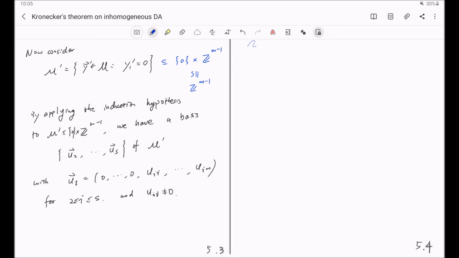Now we claim the vectors u sub 1, u sub 2 through u sub s form a basis for the abelian group, it's a free abelian group M. And now let's check this.